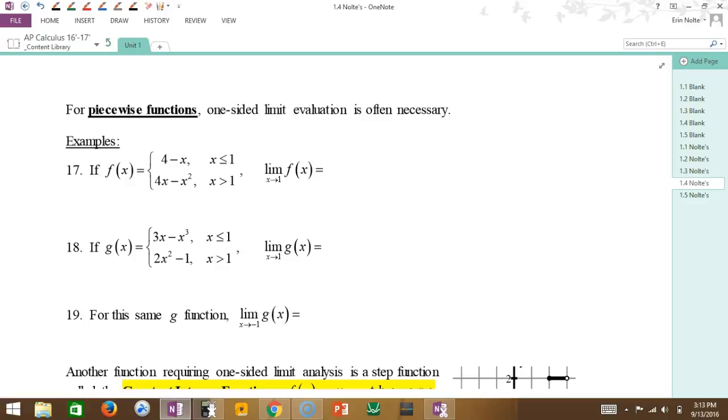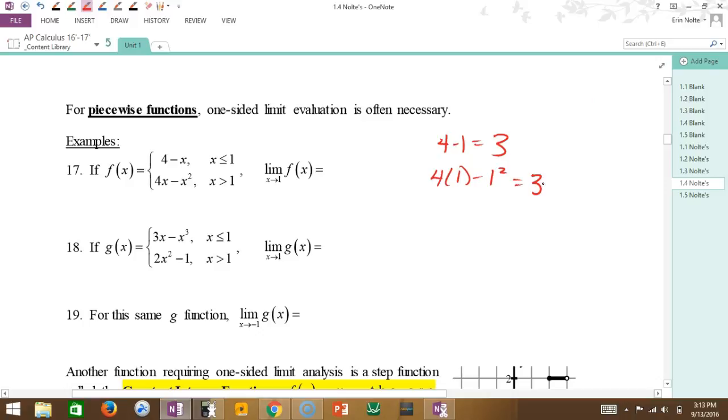Okay, so kind of over on the side, if I go 4 minus 1, that would equal 3. Okay, and if I do 4 times 1 minus 1 squared, that's the same as 4 minus 1, which is 3.